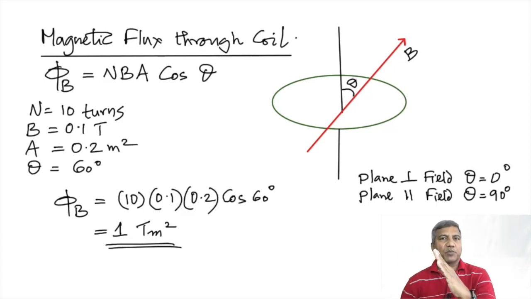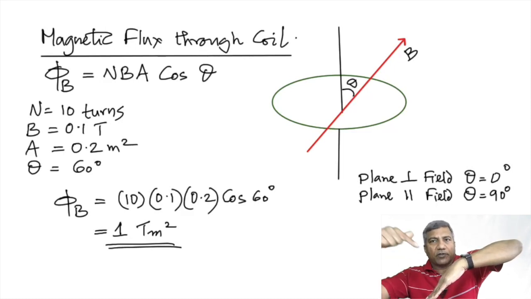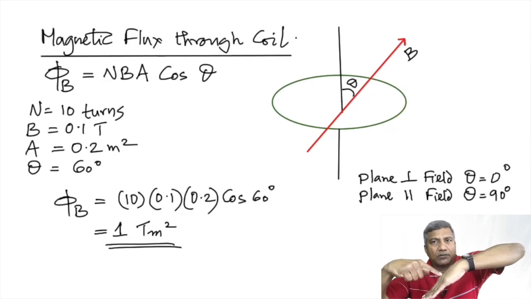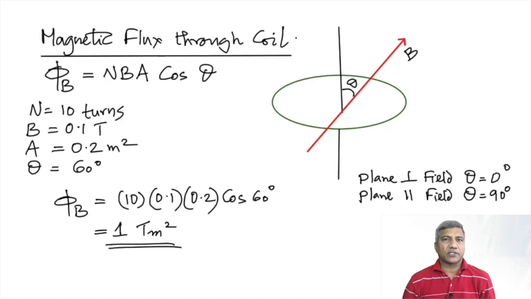So no flux passes through it. But if the plane of the coil is perpendicular to the magnetic field, now when you draw the perpendicular, it's going to make an angle of 0 degrees with the magnetic field. And cosine 0 is 1, which means maximum magnetic flux passes through it.